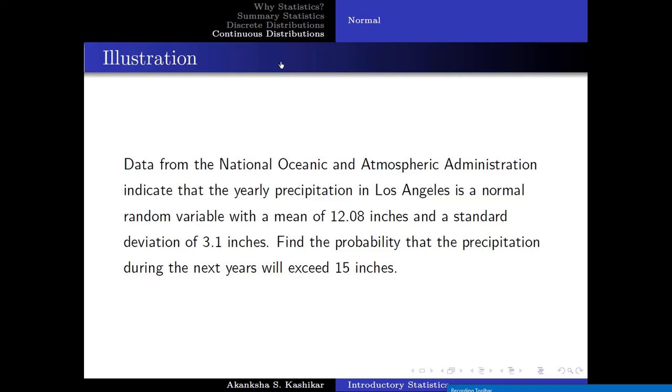You can see why such guesses are needed. For example, you want to decide what are the chances that the rain exceeds 15 inches, and what are the implications of that? How much rise will there be in the river level? Accordingly, we have to manage the other constructions near the river side, etc.